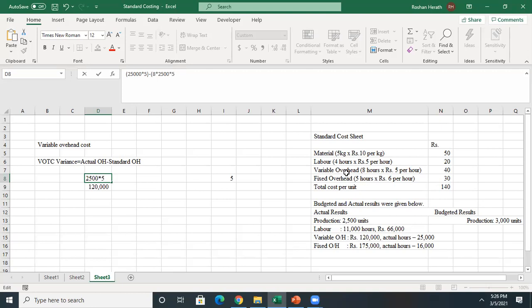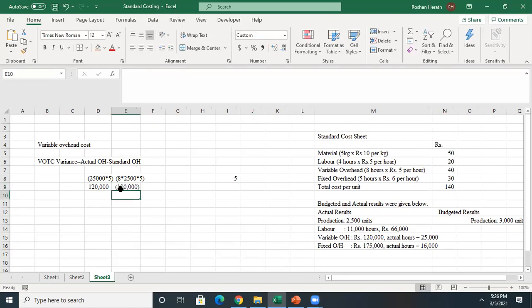I'm taking that in the variable overhead from the standard cost card. All right, then if you work this out, it's 8 into 2,500 into 5, 100,000. So actual overhead 120, standard 100,000. So the difference is 20,000. It's unfavorable, isn't it? The actual overhead is more than the standard overhead.